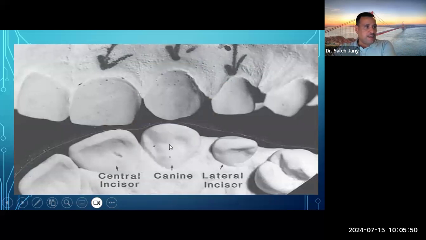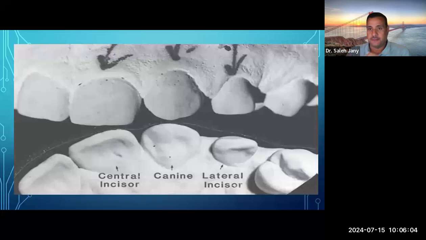Sometimes people have the canine and lateral in switched positions. It's very rare, but I've seen it when they do surgery on children with cleft lip and palate and mess up the tooth buds, and you see the sequence is off.